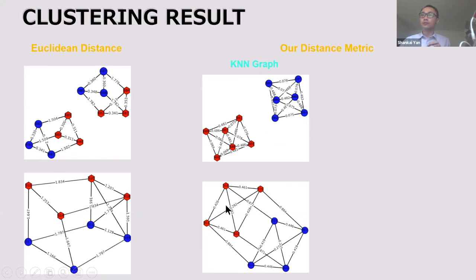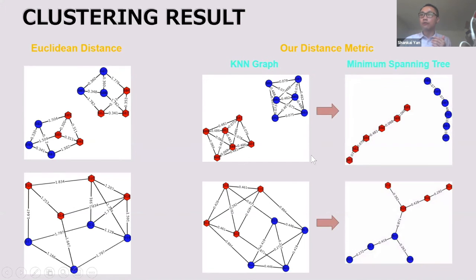And in the second example, the figures below, we can see that the weights are quite different between the group of negatives and the group of positives here. And you can easily do a cut on the maximum weights of the edges.